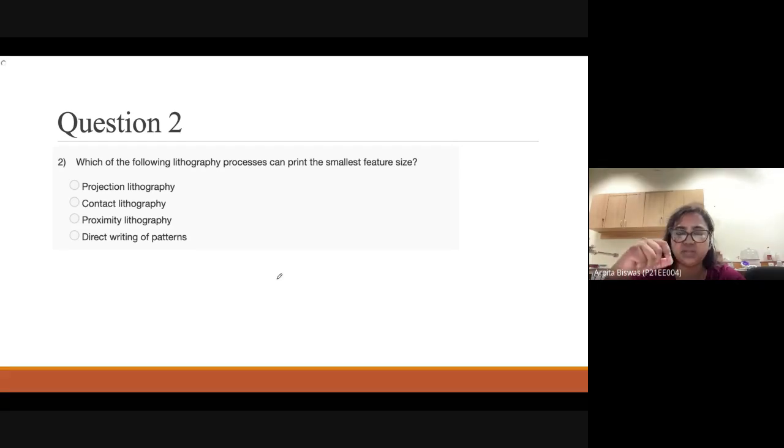Okay, and what happens in projection lithography? If there is a lens or mask, I will show the figure in the next class. There are two optical lenses used for getting the smallest feature size.